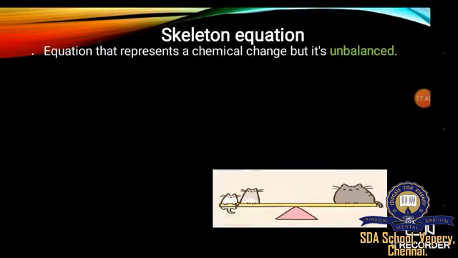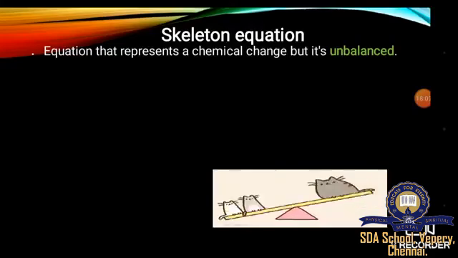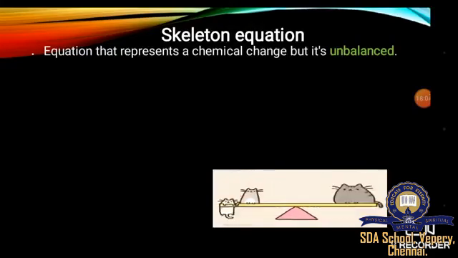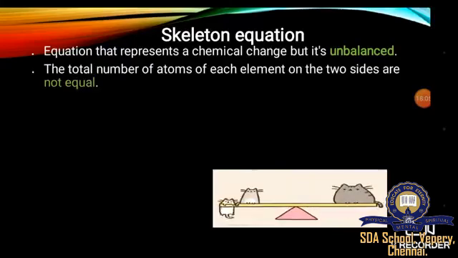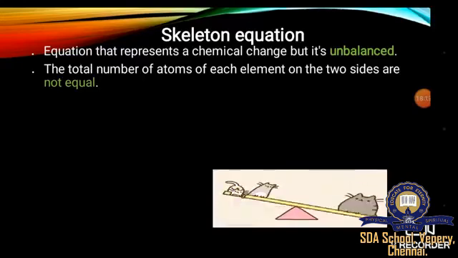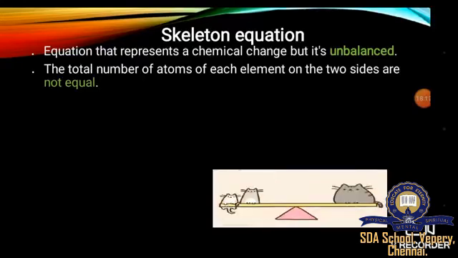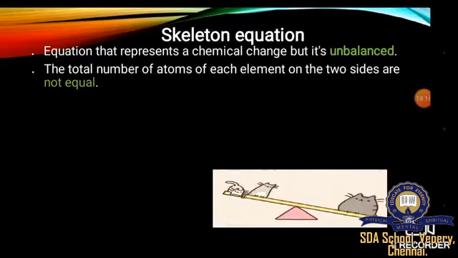So it means the total number of atoms present in the reactant side is not equal to the total number of atoms present in the product side. I repeat, the total number of atoms present in the reactant side is not equal to the total number of atoms present in the product side. The total number of atoms of each element on the 2 sides are not equal.